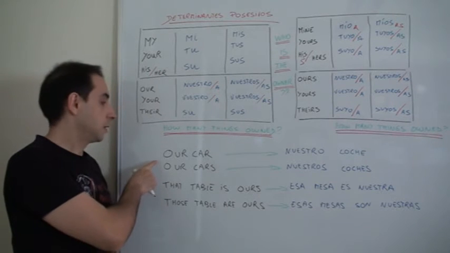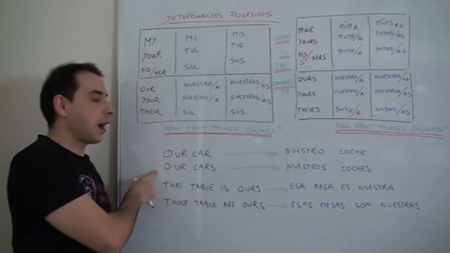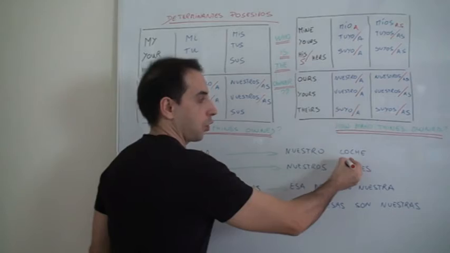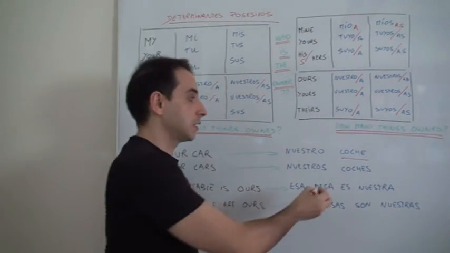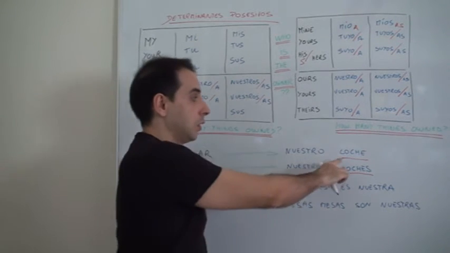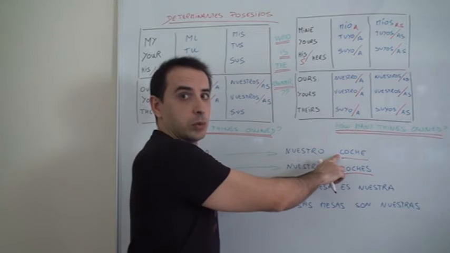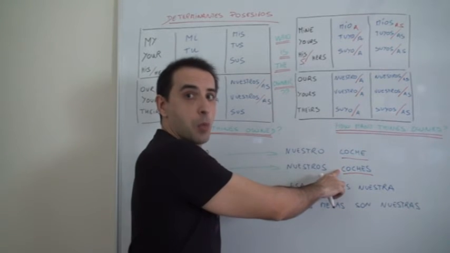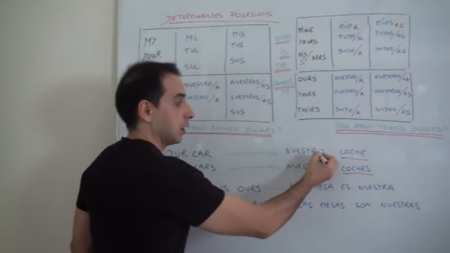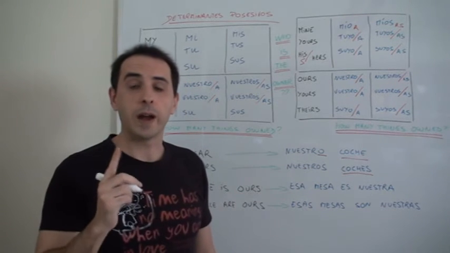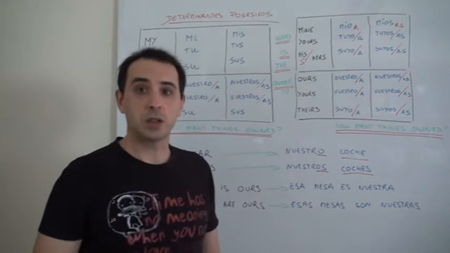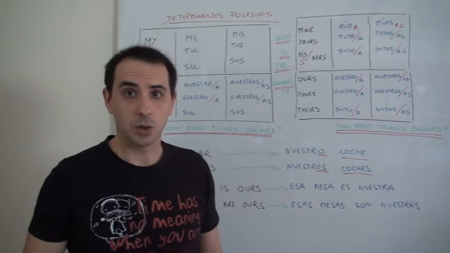If you want to say our car and our cars, car in Spanish is coche, cars, coches. So here we have one object owned, and here we have more than one object. That's why we are saying nuestro, one, masculine, as always, nuestros, as always, nothing new.